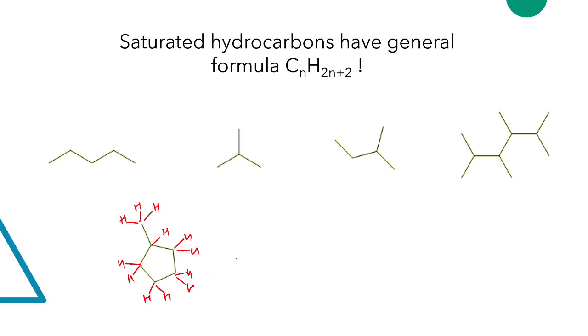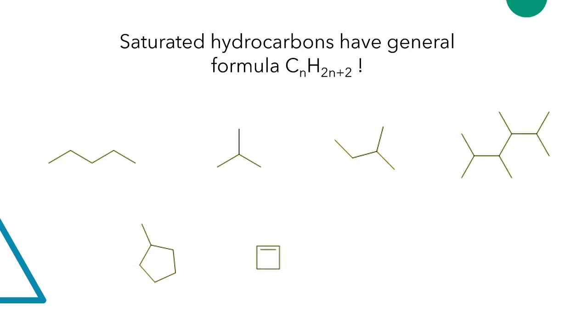So if you count, you will have C6 and you will have 3, 4, 5, 6, 7, 8, 9, 10, 11, 12. C6H12. So this doesn't fit the CnH2n+2 rule, because for n equal to 6, 2n+2 will be 14. But this is 2 less than 14. This is only 12. The number of hydrogen atoms can be increased to 14. So this is not a saturated hydrocarbon.